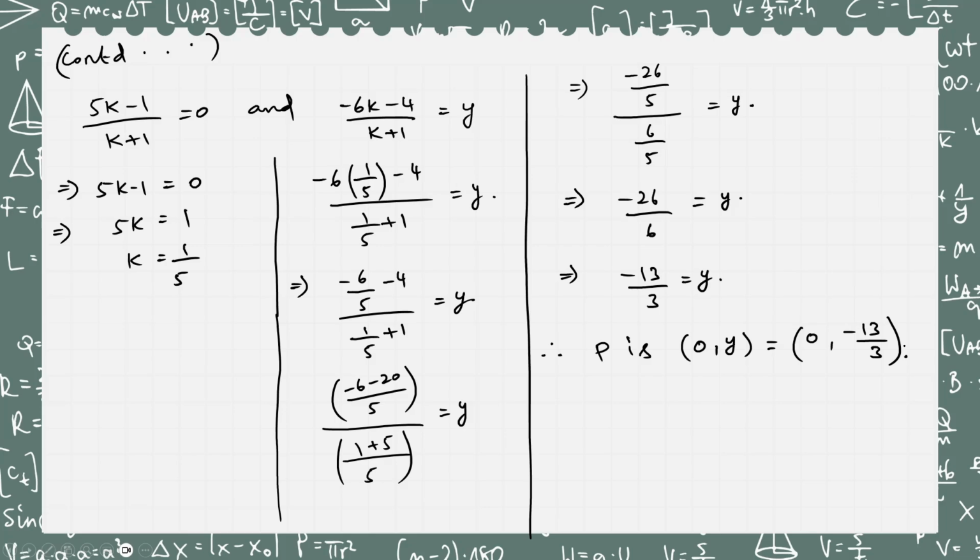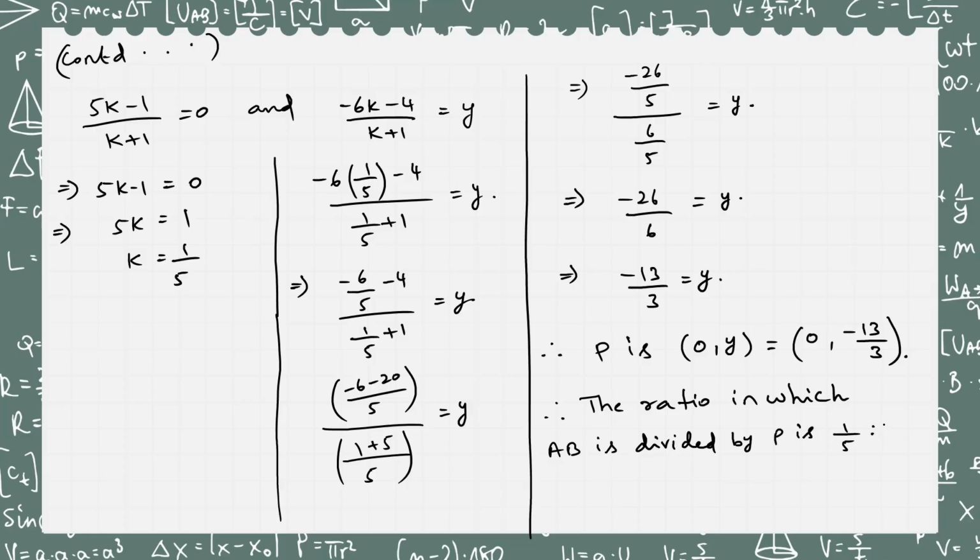That is the required point which divides the given line segment in the particular k:1 ratio. Yeah, and we have to tell about the ratio in which it splits also. So therefore the ratio in which AB is divided by P is k:1, which is 1/5 is to 1, which is 1 is to 5.